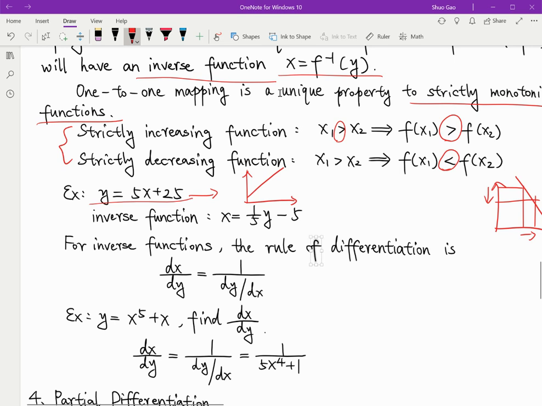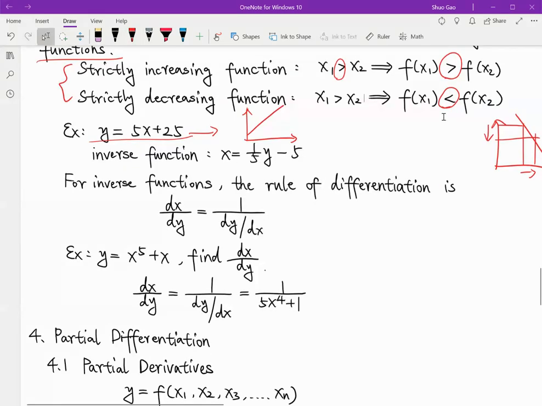And the form of the inverse function is really simple to find. We just write x as a function of y. We just solve, or isolate, x from this function. So this is y minus 25 equals 5x, and then we divide both sides by 5.